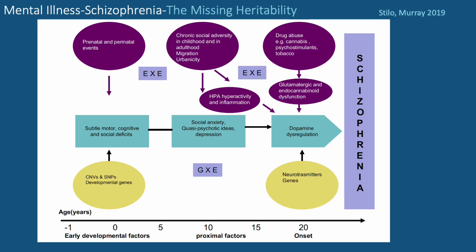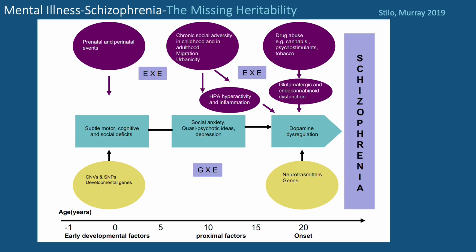Now, if we look at this cartoon from a paper published in 2019, we can try to understand the contributions of the environment and the genetics to schizophrenia. On the x-axis, we see age.